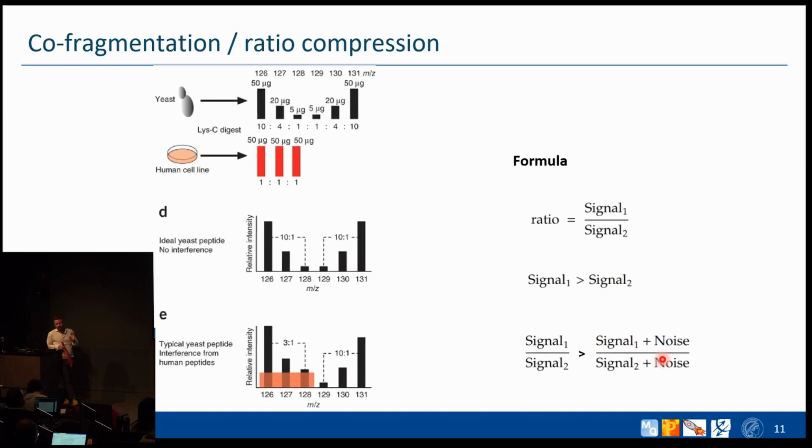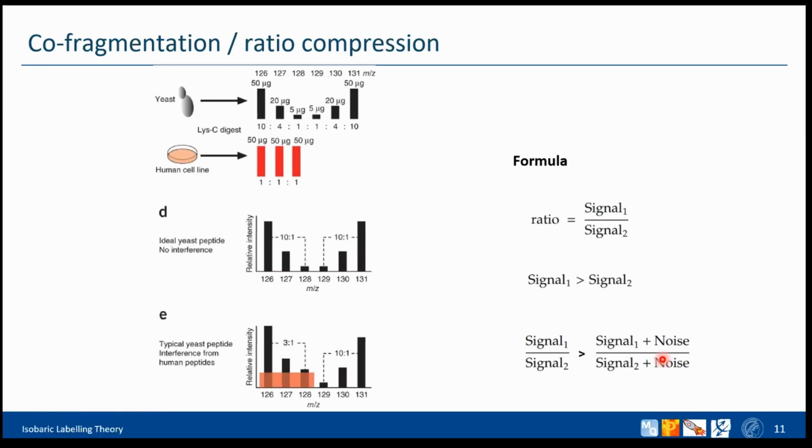So usually it's compressed. It also depends, right? What is the contamination? Is it really 1 to 1 to 1 to 1? The ratio can also be bigger sometimes, but on average it's compressed. And this can be a problem, and there are some attempts to solve that.